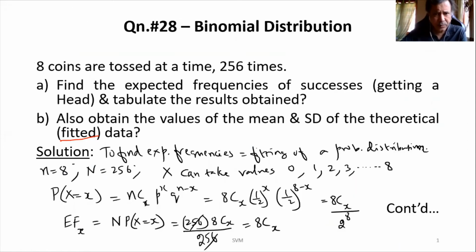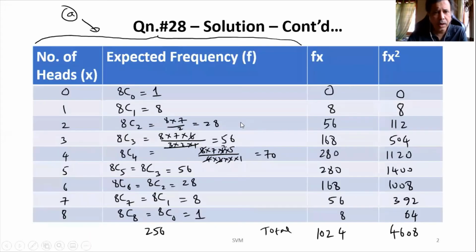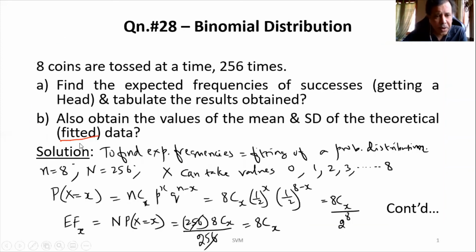In this particular question, you are supposed to do all these calculations. You can't directly use the mean of a binomial distribution, because here you are using the expected frequencies to find the mean and the standard deviation. The question says, also obtain the values of the mean and SD of the theoretical data.